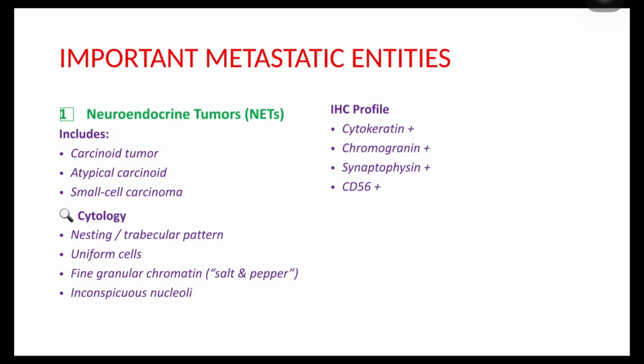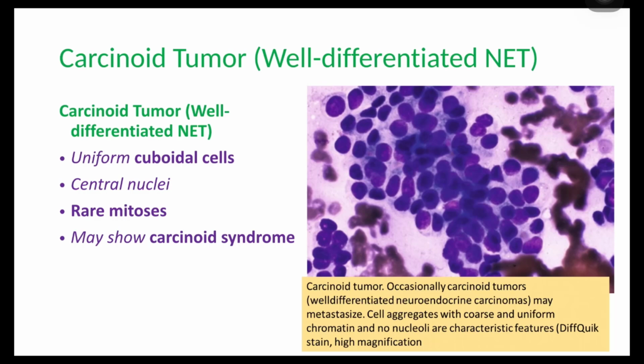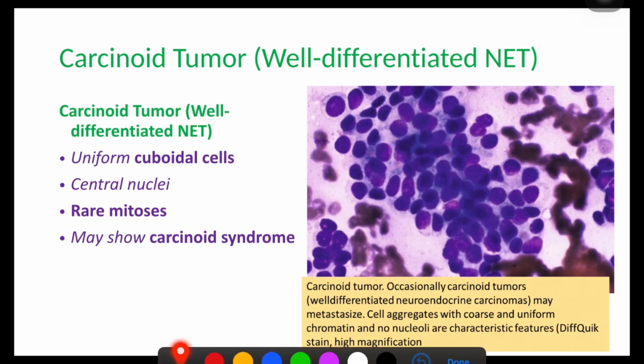First is neuroendocrine tumor, which includes carcinoid, atypical carcinoid and small cell carcinoma. Neuroendocrine tumor basically has a nesting trabecular pattern, uniform cells, fine granular salt and pepper chromatin, inconspicuous nucleoli, and the IHC profile shows cytokeratin positivity, chromogranin, synaptophysin and CD56 positivity. Carcinoid tumor, which is a well differentiated NET, has uniform cells and central nuclei, rare mitosis, and may show carcinoid syndrome.